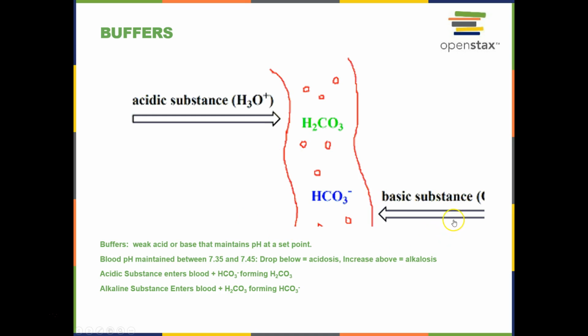If you have something that's very alkaline entering in, you can combine that highly alkaline substance with the carbonic acid, and you can form this less alkaline bicarbonate ion. So you're producing this bicarbonate ion and releasing a little bit of hydrogen, and that's going to bring your pH back down to where it needs to be.